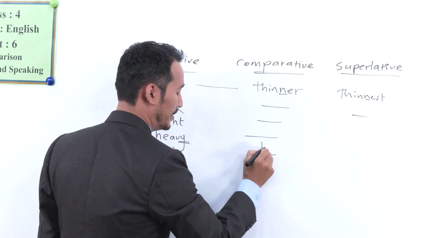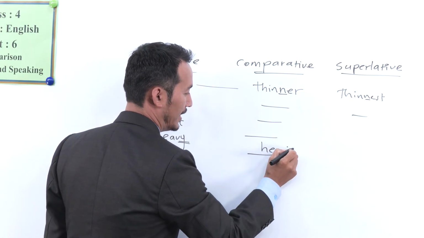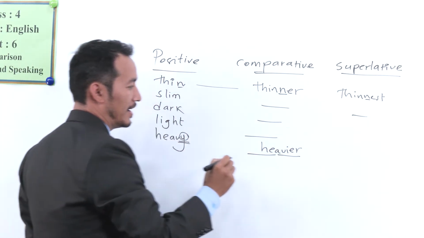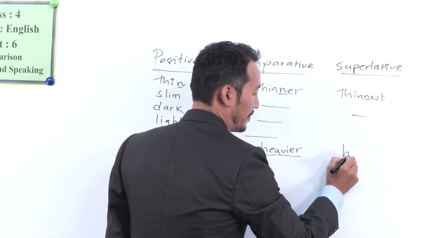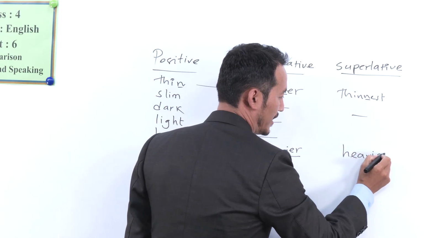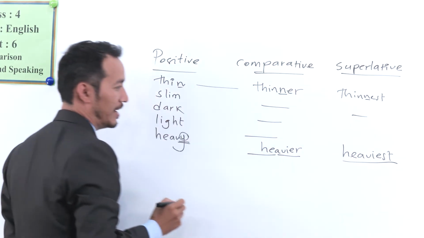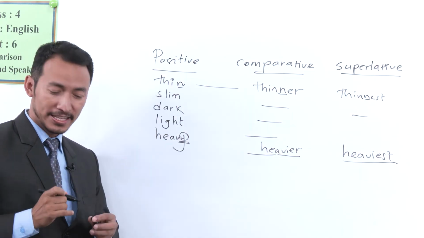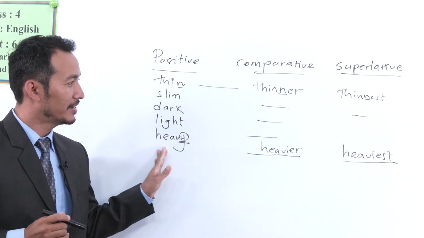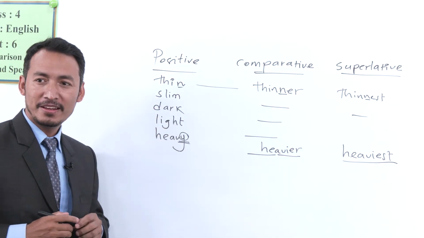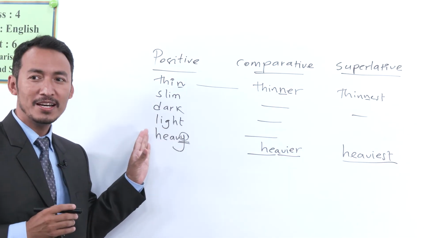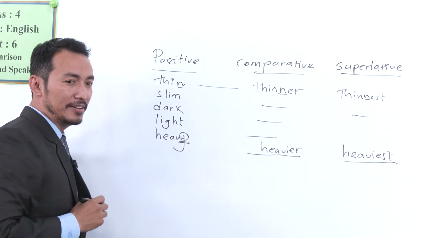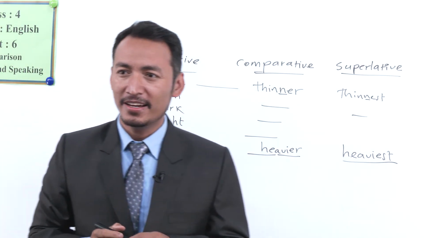For heavy, we do heavier. So we have to change it into i, and we have to change it here as well. So that's the thing we have to take care of while changing. Okay, students, so these are some of the other words you can practice. So please do the rest of the words here in your copy.